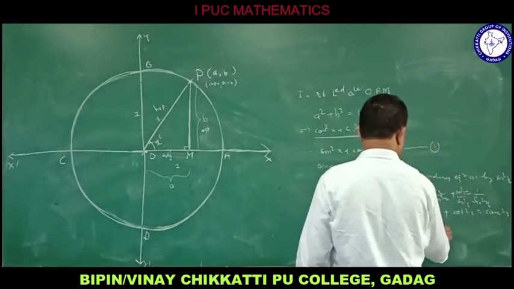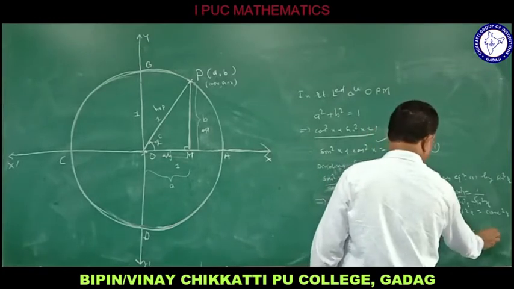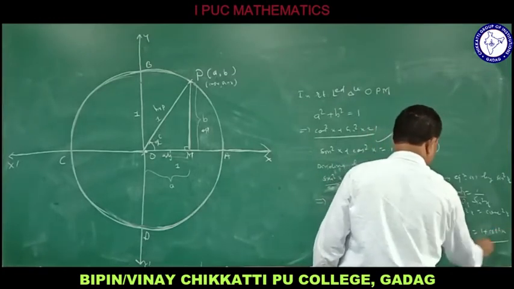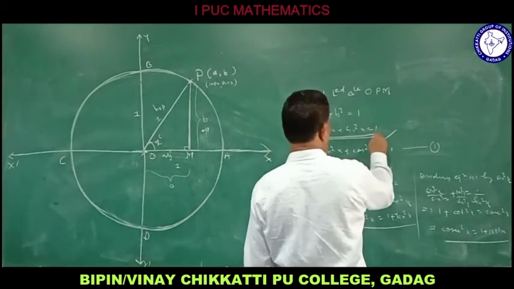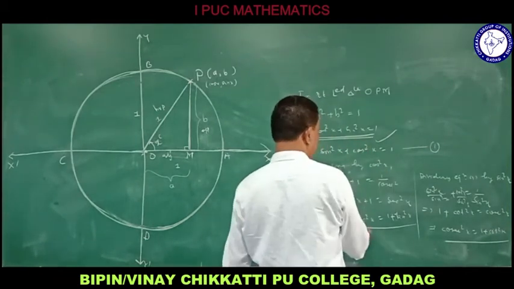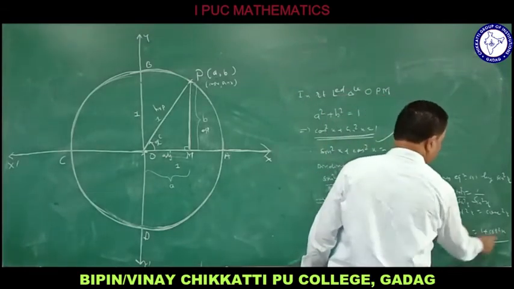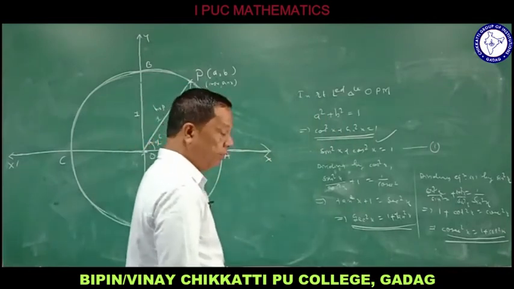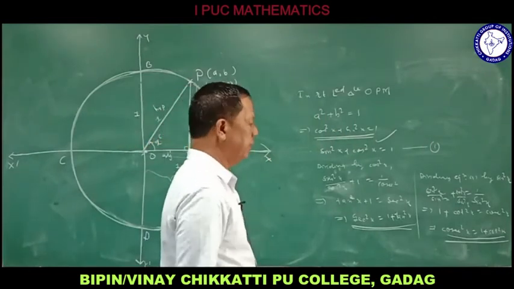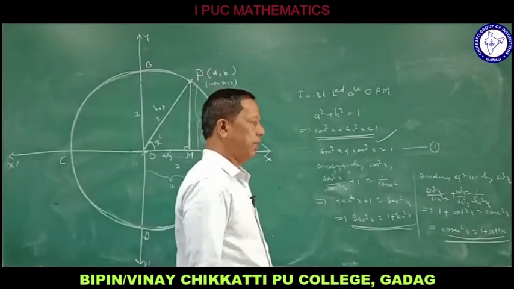So cosec square x is equal to 1 plus cot square x. This is the third one. So cos square x plus sin square x is equal to 1, secant square x equals 1 plus tan square x, cosec square x equals 1 plus cot square x. These are the identities in trigonometry that you already studied in 10th standard.